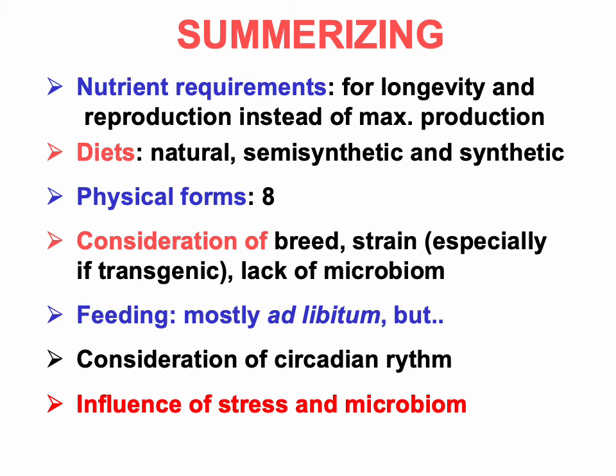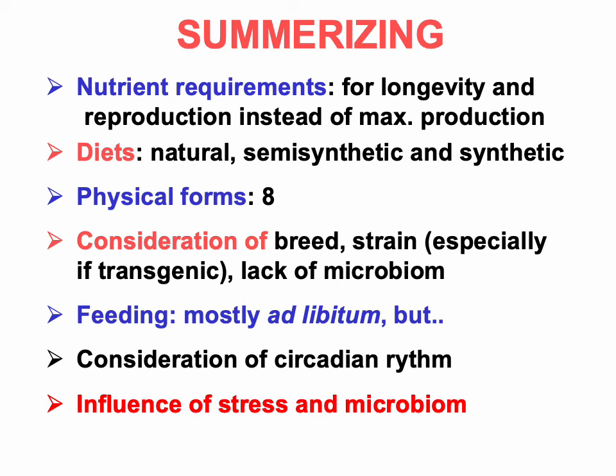Summarizing my speech, the most important statements are that the nutrient requirements are evaluated using the criteria of longevity and reproduction. The diets may be natural, semi-synthetic and synthetic. We have 8 physical forms. We have to consider the breed, strain, and presence or lack of microbiota.